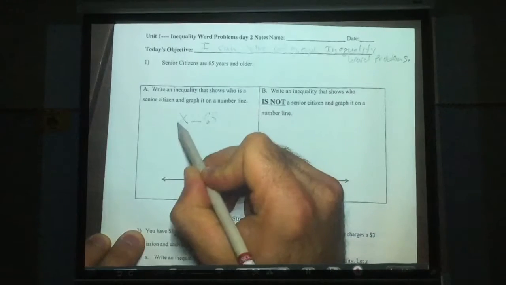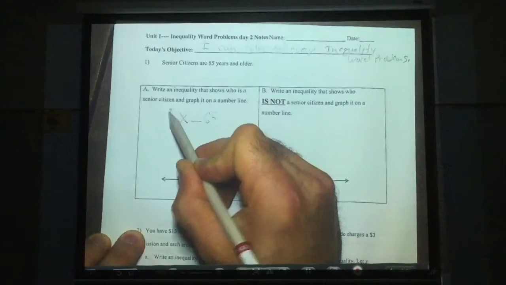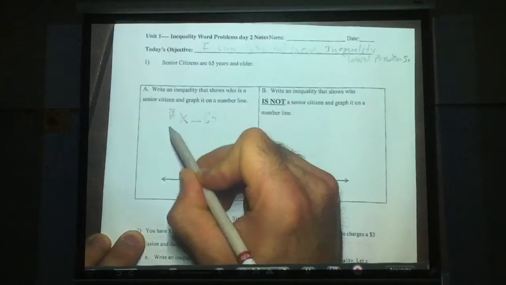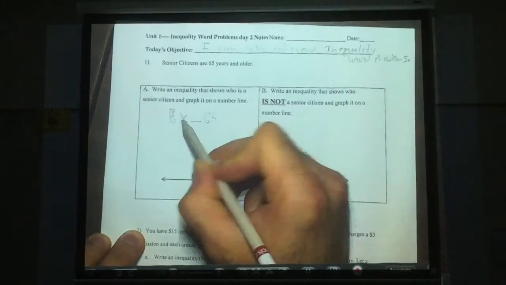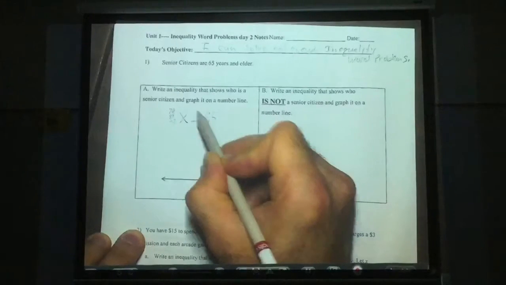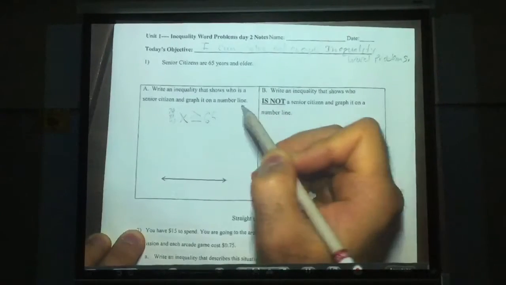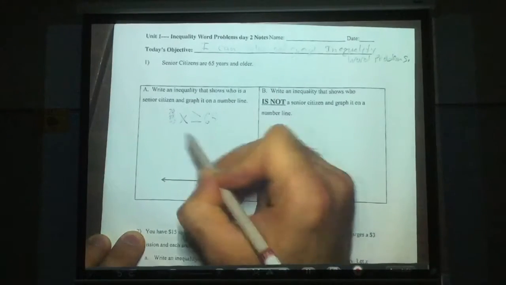Now some numbers that you can put in here for someone who is also a senior citizen would be like 70, 88, 92. These are also people who are senior citizens. Now if I were to put one of these numbers in here, that would tell me that, for example, 70 is greater than 65, so therefore I'm going to put a greater than symbol. So a senior citizen would be greater or equal to 65.